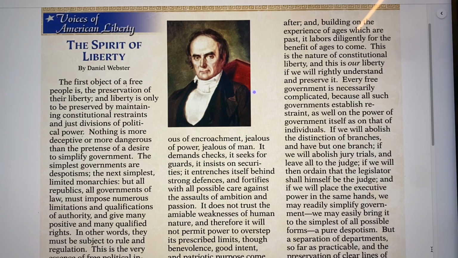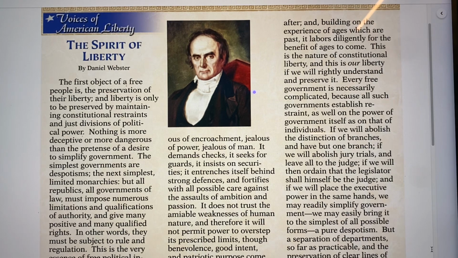So the simplest government is basically when a dictator takes over, and the next simplest would be a king taking over, and we don't want those. It says all republics of law must impose numerous limitations and qualifications of authority. We must have numerous limitations, or we'll end up with a dictator, right?